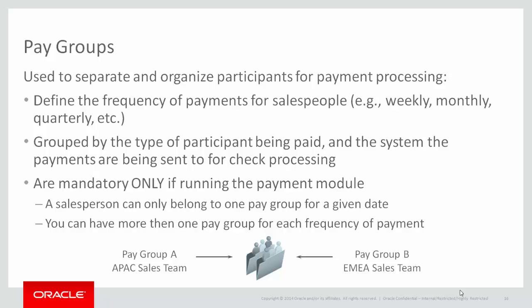And the earning is basically what you're due to be paid. For some organizations, you may end there. But for most organizations, they then want to take that to payment because payment is the conduit that's going to pass it to payables. So again, there is a payment module within incentive compensation, and we'll get there in a few modules down. But the net of it is that pay groups are optional unless you're running the payment module within incentive compensation, in which case they are mandatory.